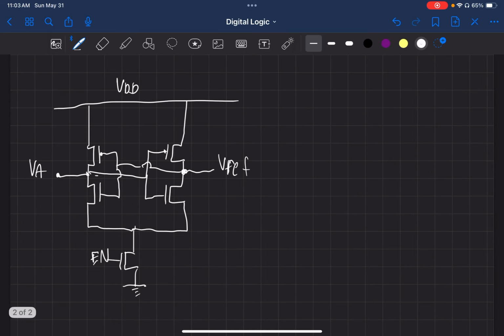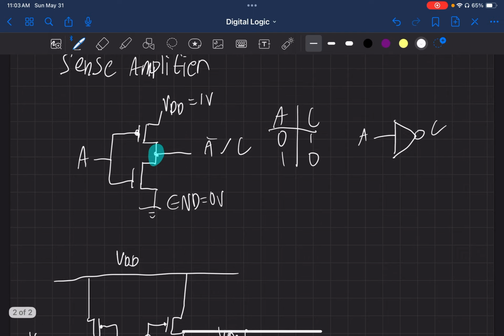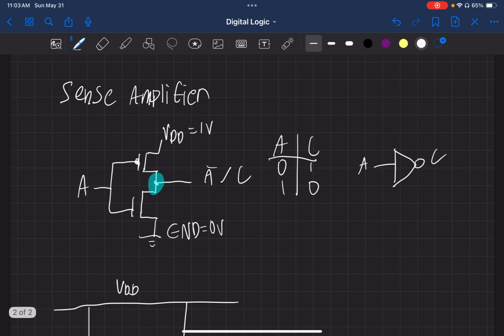So let's think about this a little bit. This is what tripped me up, what's actually happening. So let's look back at an inverter. There's a lot of deeper semiconductor stuff to consider. But let's assume that A is, like I said, this in-between value of 0.5 volts as the gate. There's a lot to say about saturation and triode, and if you don't know that, you can look that up.